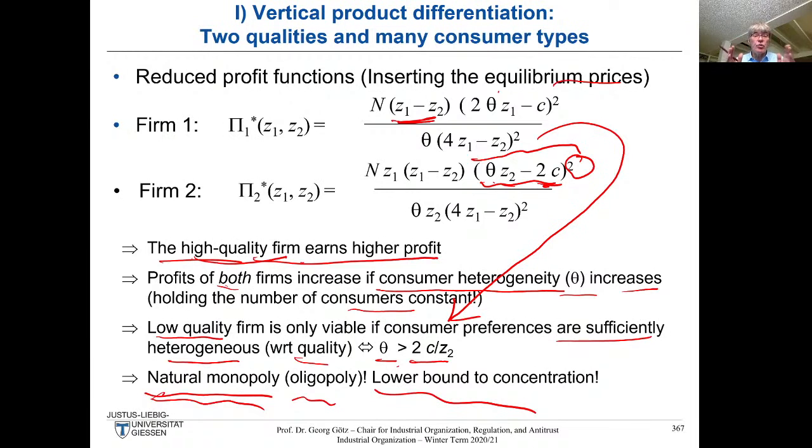I think I told you that with the example of the income distribution in Denmark compared to the income distribution in Russia. If you have a more narrow income distribution, you will see much less vertical product differentiation, and it might be that the low quality cannot even survive there. You will only have the high quality offered in that market. Okay?